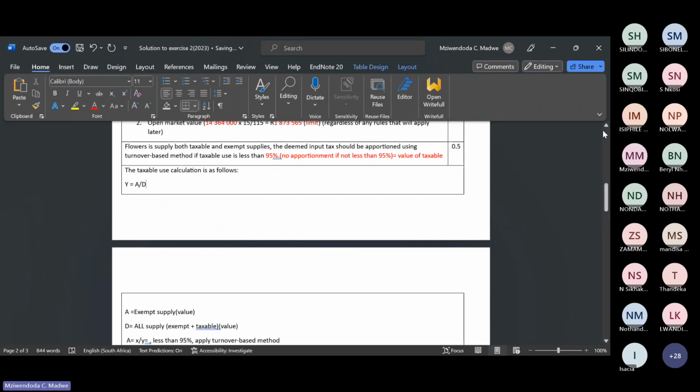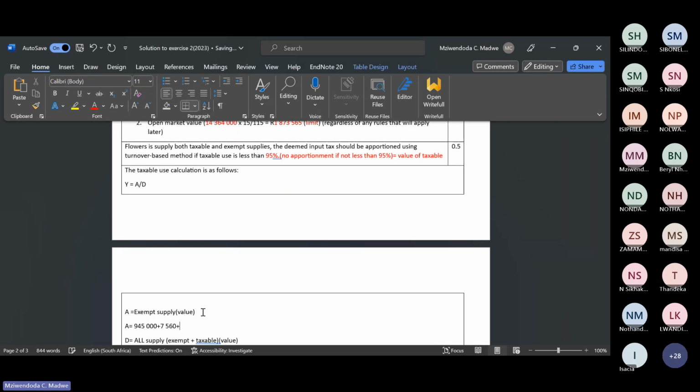So in our case, this is going to be a calculation now. Maybe we can start with A. A is the easiest thing that you can calculate because there are few amounts. So you have to determine the exempt supply in our question. One of the exempt supply is 945,000, which is residential. The next one is interest.